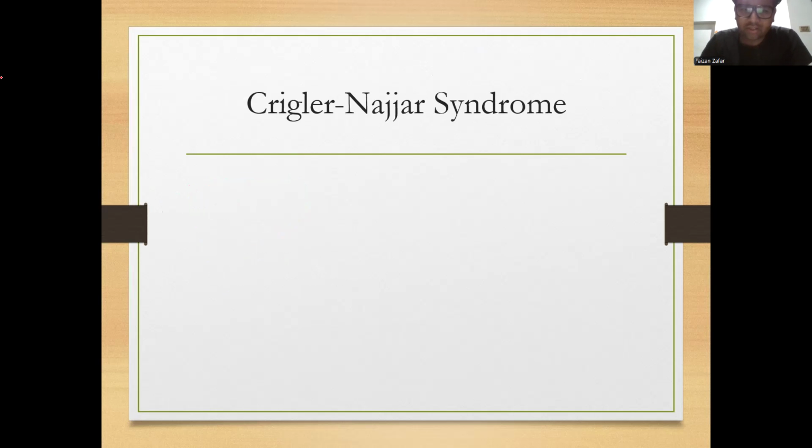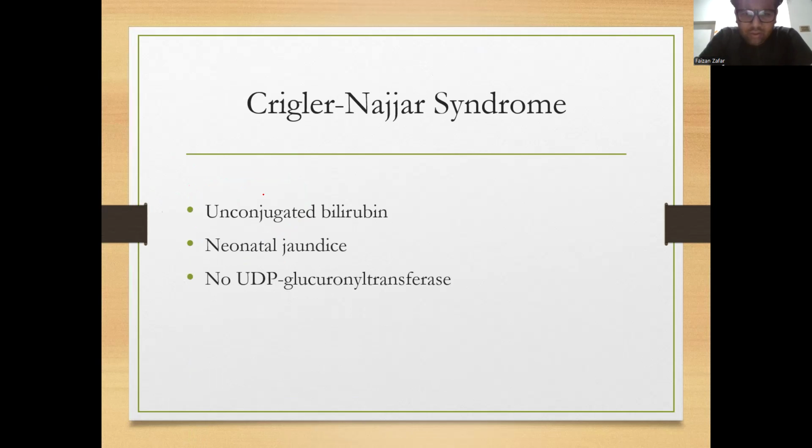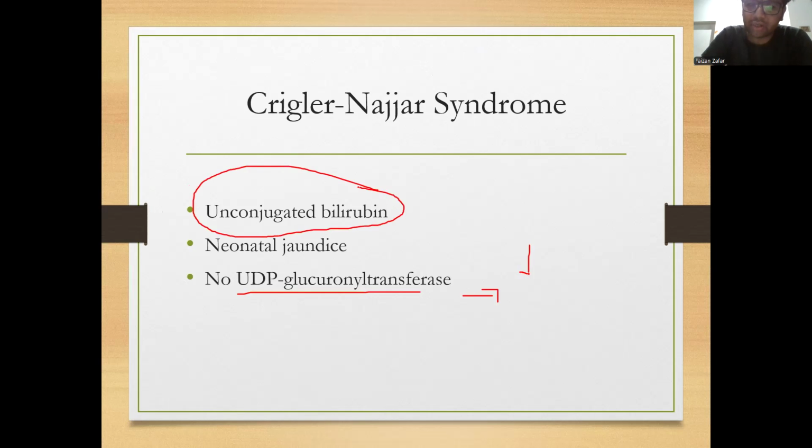Crigler-Najjar syndrome. It is due to the absence of the UDP glucuronosyltransferase enzyme that leads to conjugation of bilirubin. If conjugation does not take place, it leads to increased unconjugated bilirubin in the blood. It typically presents with neonatal jaundice. It is a hereditary hyperbilirubinemia, the severe form.